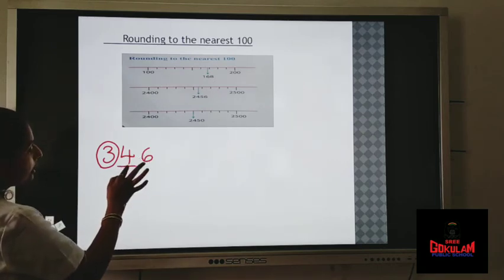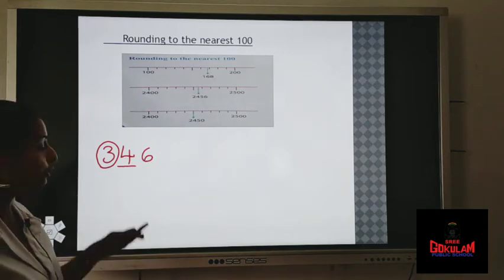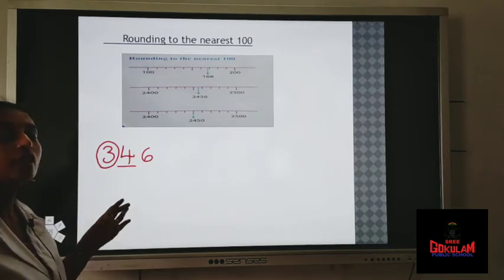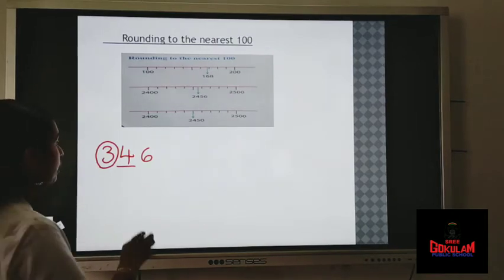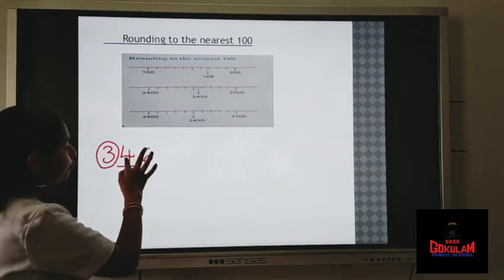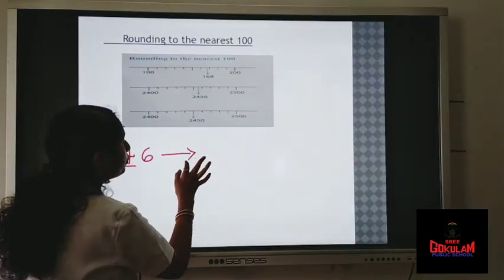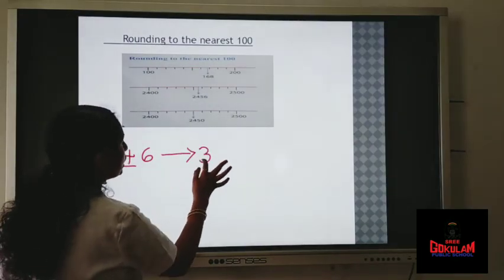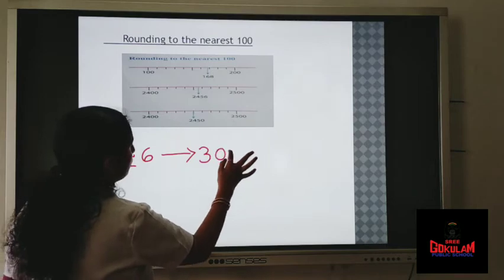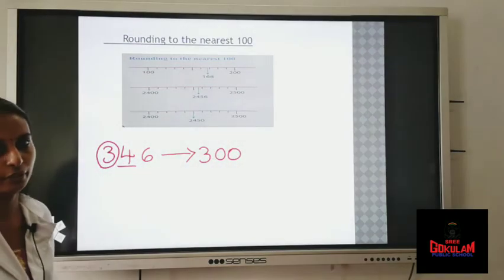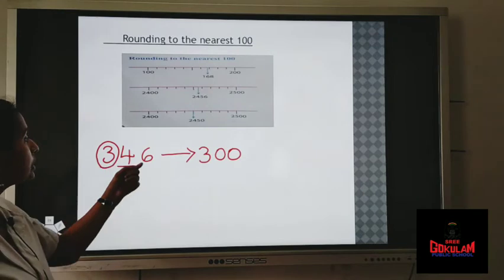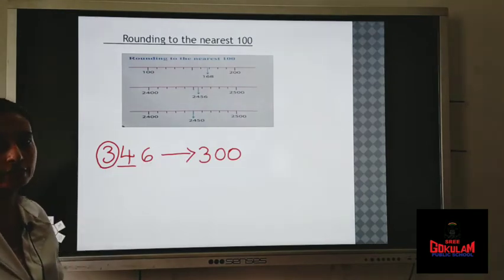If the underlined number, the tens place, is less than 5, we round down. Here we have 4, which is less than 5. So we can round this number down to 300.